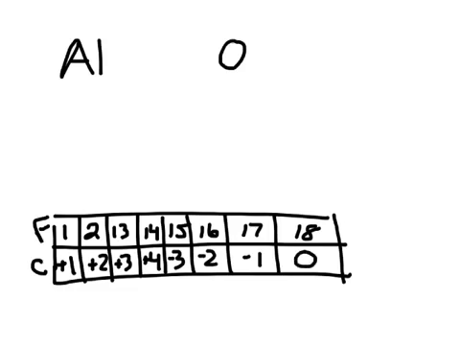Aluminum is right here in family 13, and oxygen is in family 16. So we know that aluminum must be plus 3 and oxygen must be minus 2.